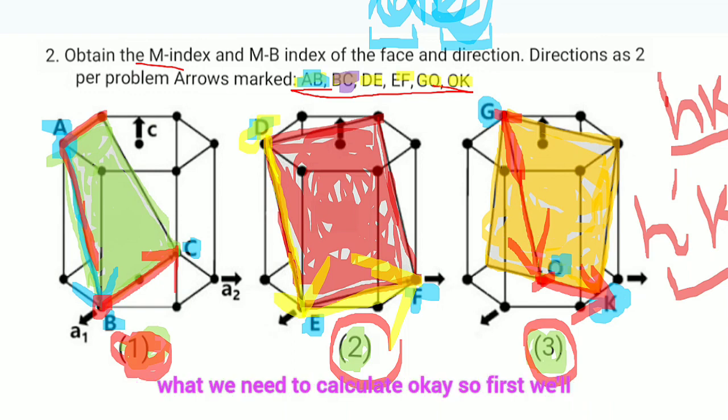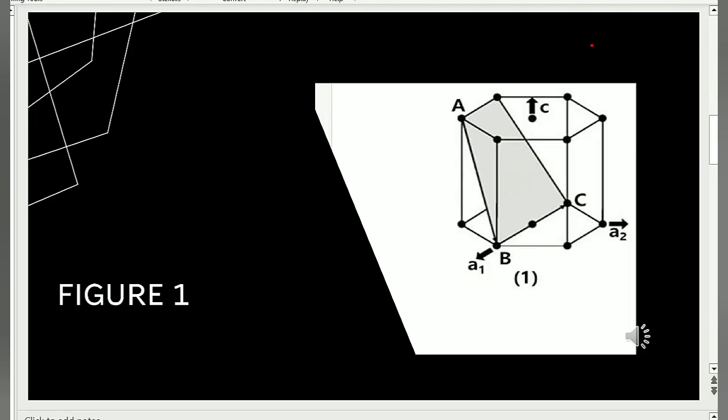So first we'll be doing it for figure 1. Let's begin. So here's the figure 1. We'll first find out the indices of planes for the plane in figure 1, then we'll do it for figure 2 plane, and then we'll do it for figure 3 plane. And after finding out the Miller indices as well as Miller-Bravais indices for planes, we'll find out the indices of directions for the 6 directions that are in question, one by one.